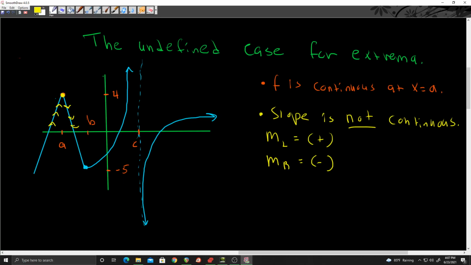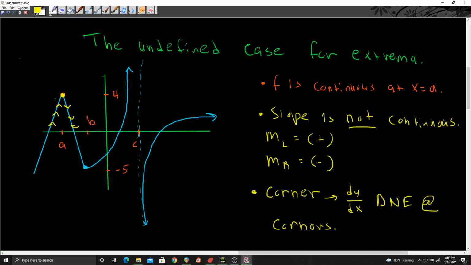But not only that, this is a corner. And let's remember that dy dx does not exist, DNE, does not exist at corners. And now you might be thinking, well, why is that? And the reason is because the slope jumped.